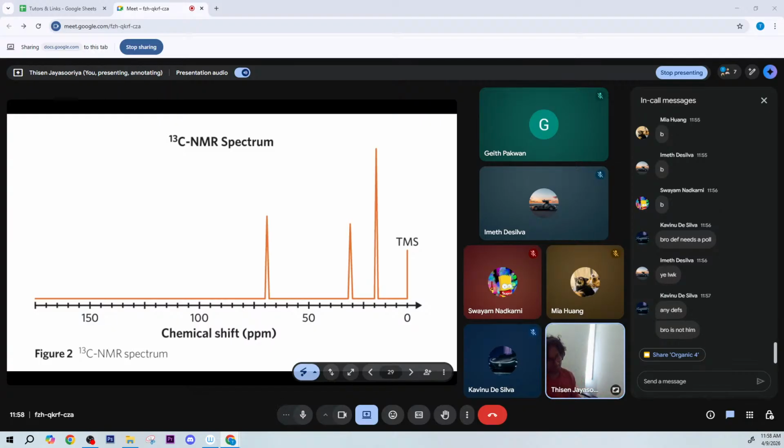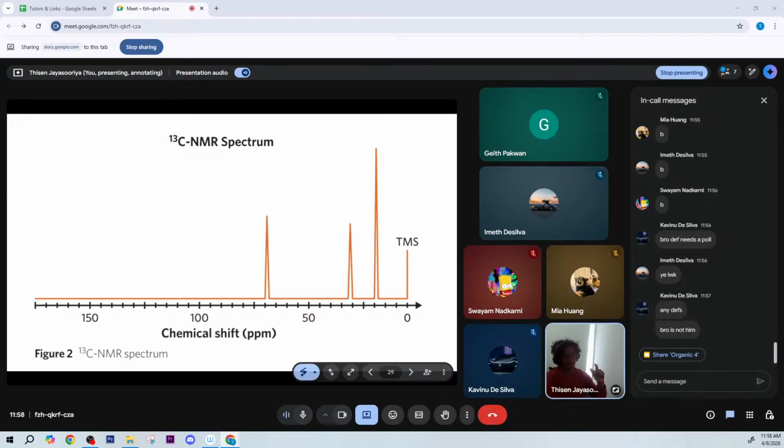So here, this is what a spectrum does, essentially. We're shooting radio waves into the compound, and that will cause the carbon atom to vibrate in a specific way.